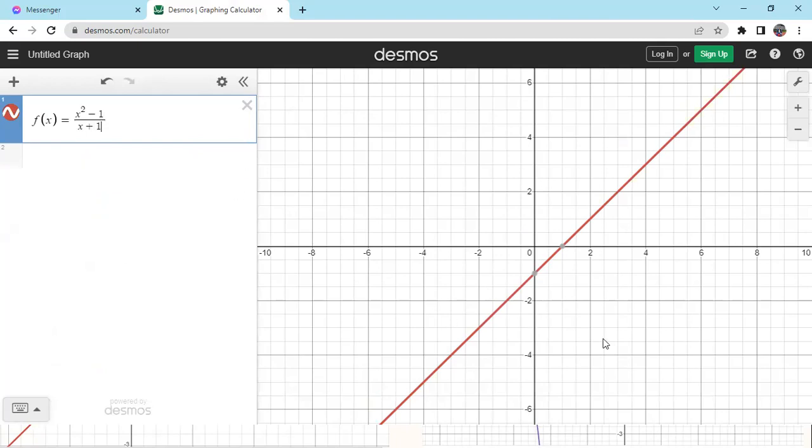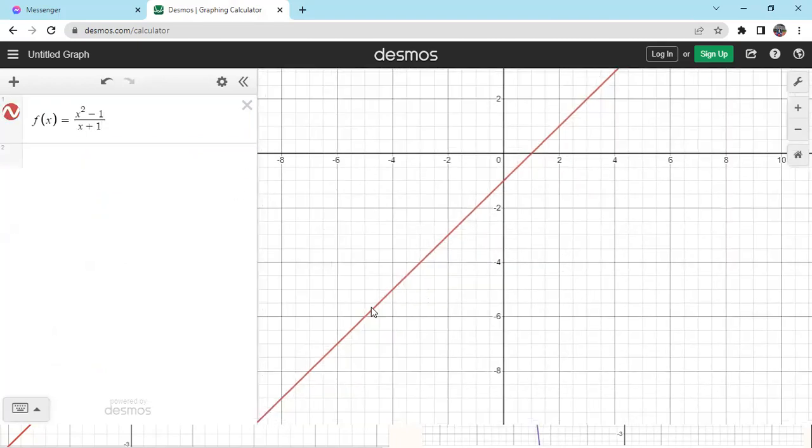As we can see here, we have the straight line in our graph of the function. Nung dumating sa x is equal to positive 1, nagkaroon tayo ng hole dito.